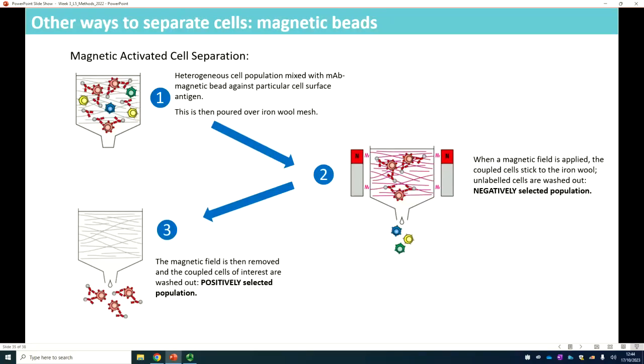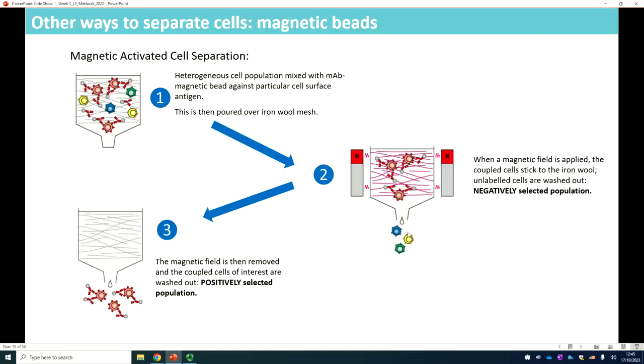And then another way to separate cells is magnetic beads. This is a similar process, but is much less complicated. So what you do here is you have your cells, you label them with your antibodies, and these are conjugated to magnetic beads. And then you load this onto a column that has a wire mesh, like an iron wool mesh in there. You add your magnet. And what will happen is the magnet will obviously retain the cells that are bound to your magnetic bead conjugated antibodies.